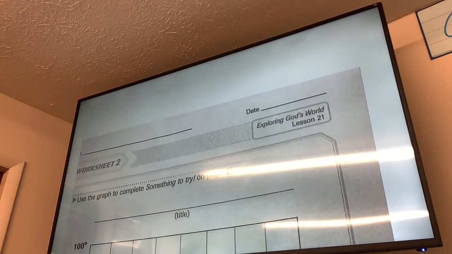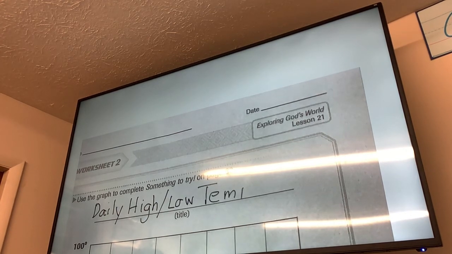All right, let's go back up to here where it says title, and we're going to write daily high slash low temperature.